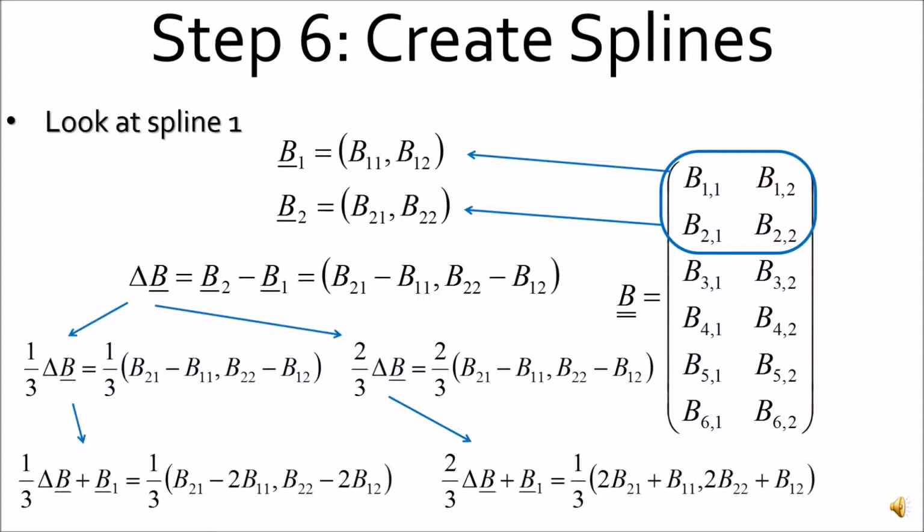Like I say, the actual details are reasonably involved, but it turns out what you're trying to do is draw a line between these control points, and then you basically want to take the positions 2/3 and 1/3 of the way between these points. So that's what you're doing there.